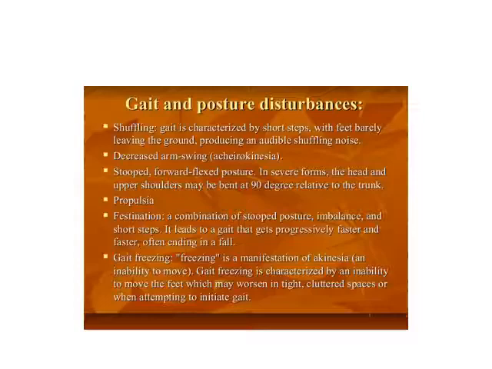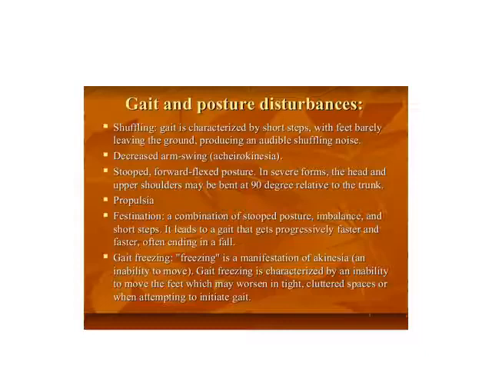The feet are always touching the ground, so it gives us the shuffling noise that we can hear clearly in Parkinsonian patients. So they are short steps with shuffling noise. There is decreased arm swinging, which is the automatic movement that occurs during walking is decreased.